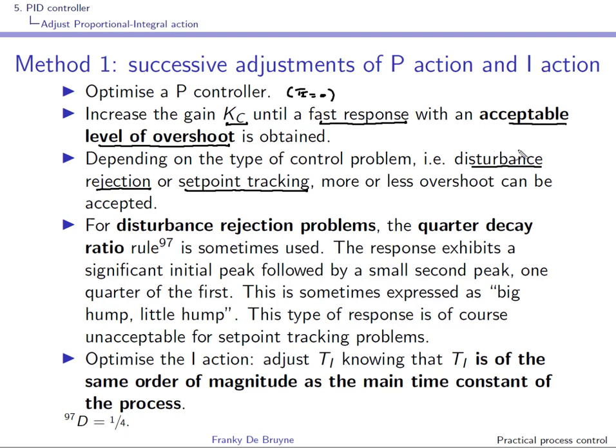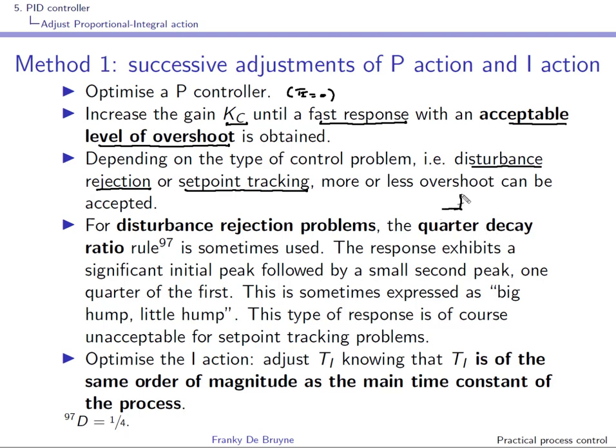But if you're in a disturbance rejection problem, you're tuning the controller by doing set point changes, but you do not expect set point changes in a disturbance rejection problem, at least not very often. So you can accept quite some overshoot, and you can use the quarter decay ratio.